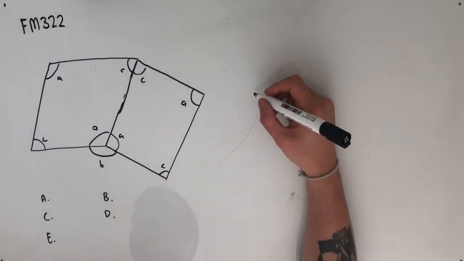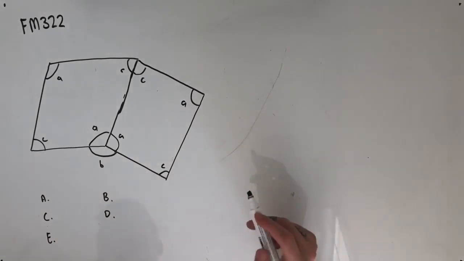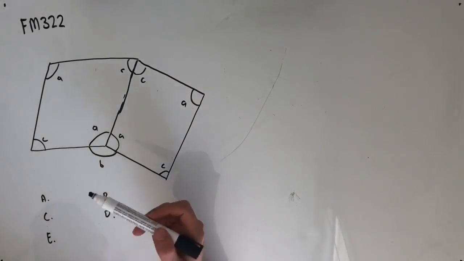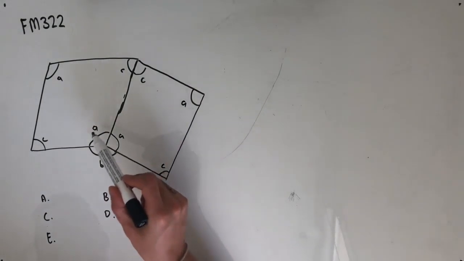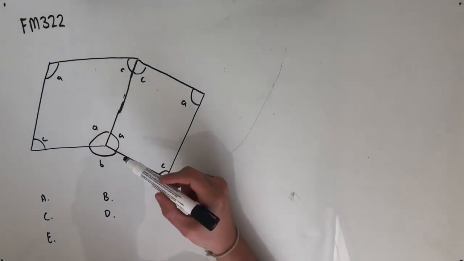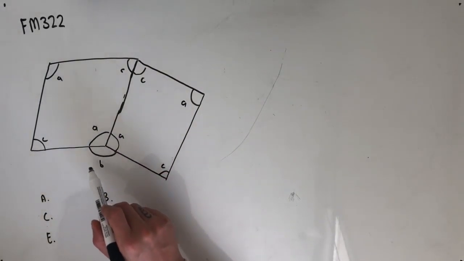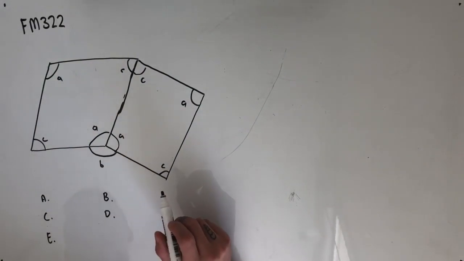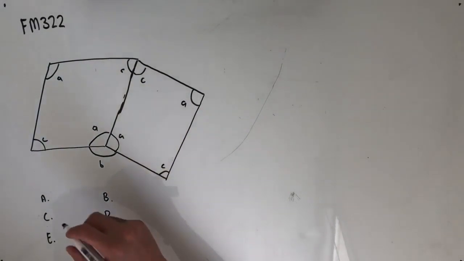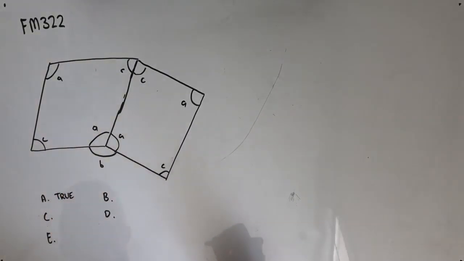So option A says that 2A plus B is going to be equal to 360 degrees. If we have a look here, what we can see is that we've got two A's and a B making up this full revolution here. So 2A plus B should be equal to 360 degrees. So that is going to be true.